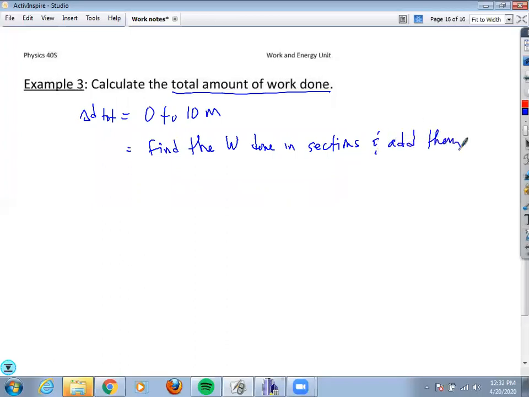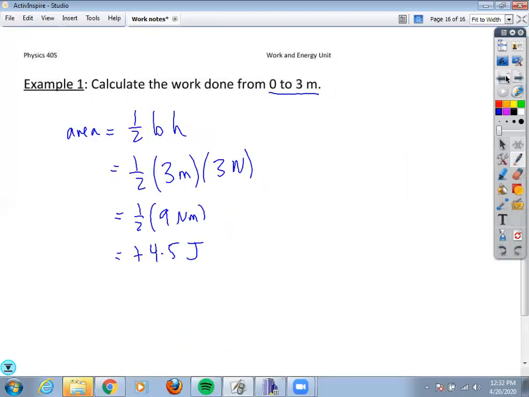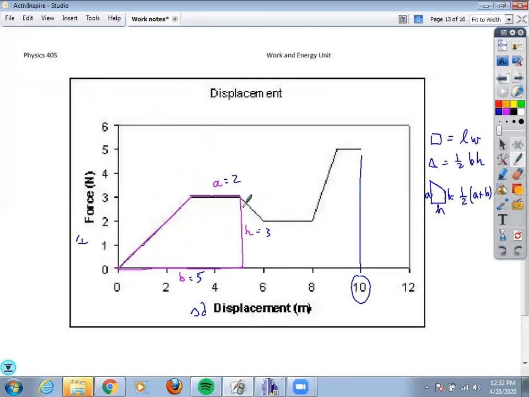Okay, so we already know the work done from 0 to 5 meters. We calculated that in example 2. That was positive 10.5 joules. We don't need to recalculate that. Okay, so we already have this.